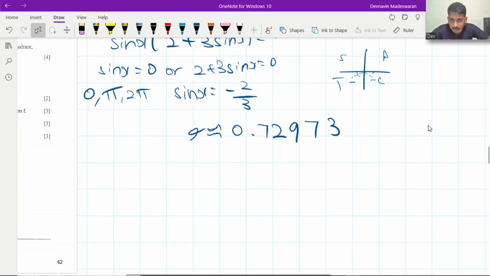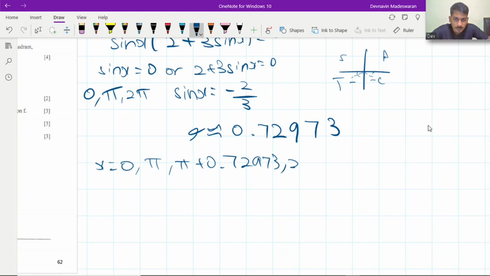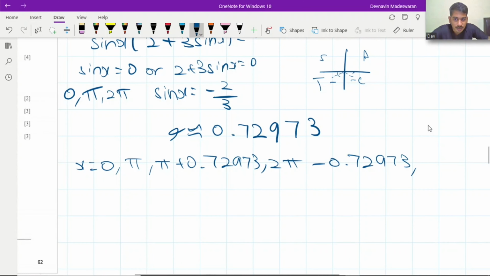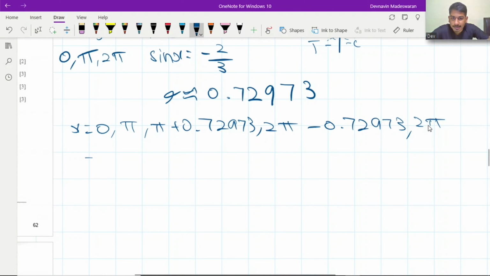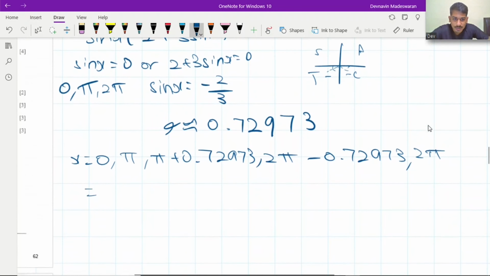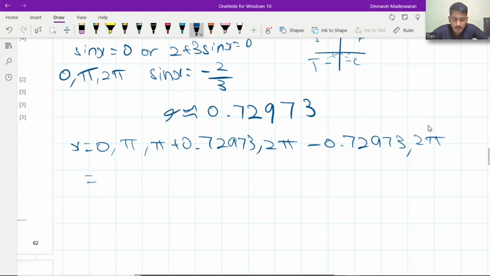So x is equal to 0, or pi, or pi plus 0.7297, or 2 pi minus 0.7297, or 2 pi. Okay, I hope I'm right. Okay, so let's go ahead and write this down.